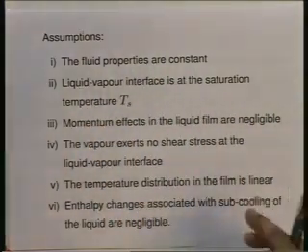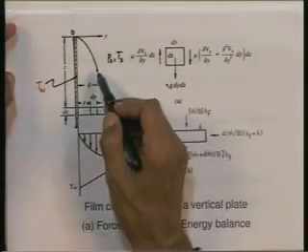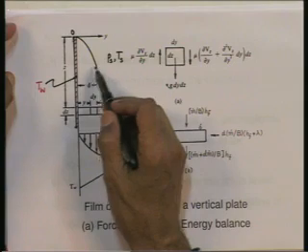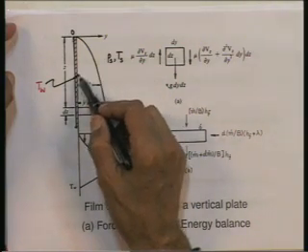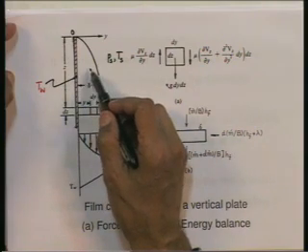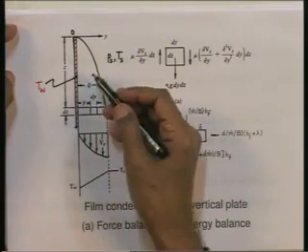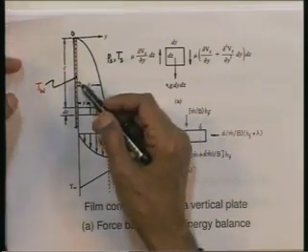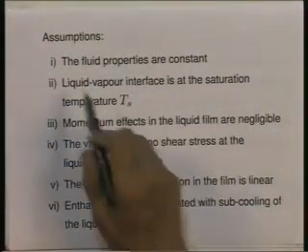Mind you, if I go back to the sketch, the temperature of the liquid condensate is going to vary a little inside here. It will be T s at this point, T w at this point. Therefore, if temperature varies, properties are going to vary a little, but this variation of properties will be exceedingly small, and therefore, it is a good assumption to say that we can take some constant value of the properties.